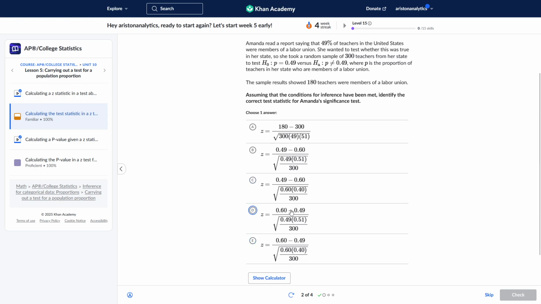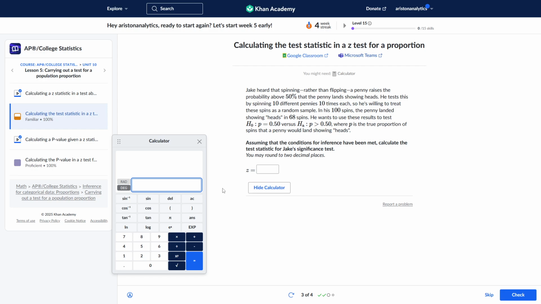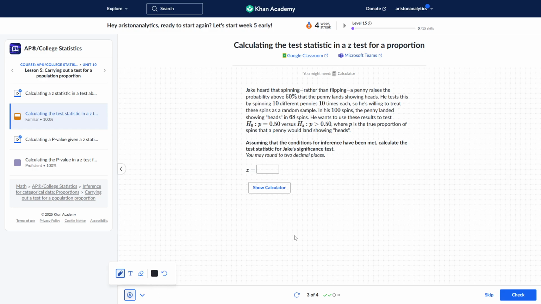So one of these is that one. The sample proportion was 0.68.